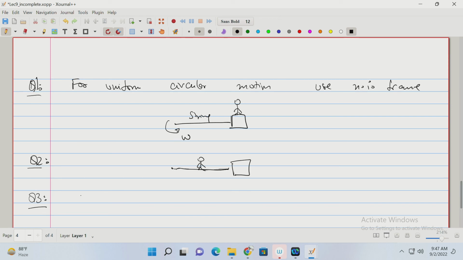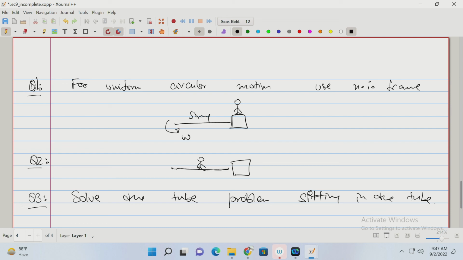And the third will be: solve the tube problem sitting in the tube. Now you can choose where you want to sit, whichever is more comfortable, because remember, a non-inertial frame is our choice. Frames are always our choice.